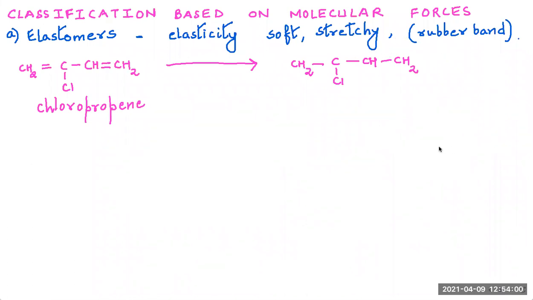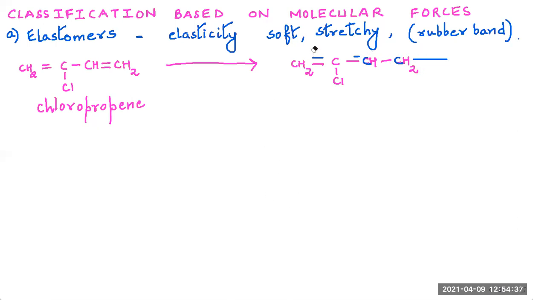Now, once again, I am writing. This was the pi bond, isn't it? It breaks from here. What you have to be careful about, it broke between these. So when it breaks from here, one sigma comes here and one electron here.